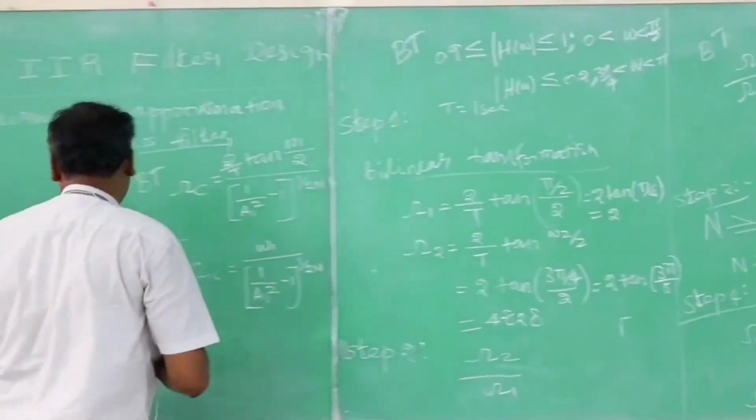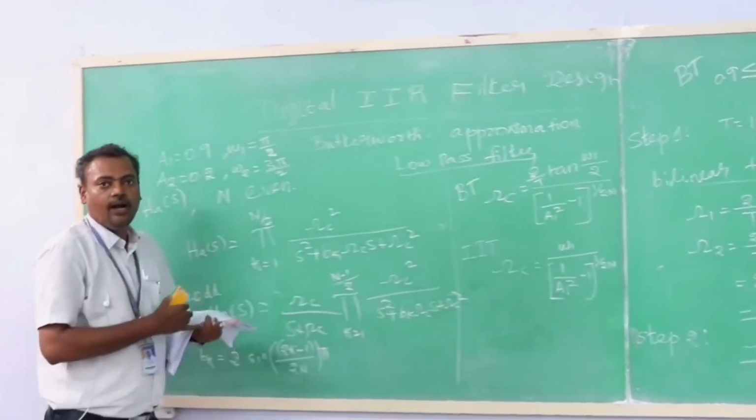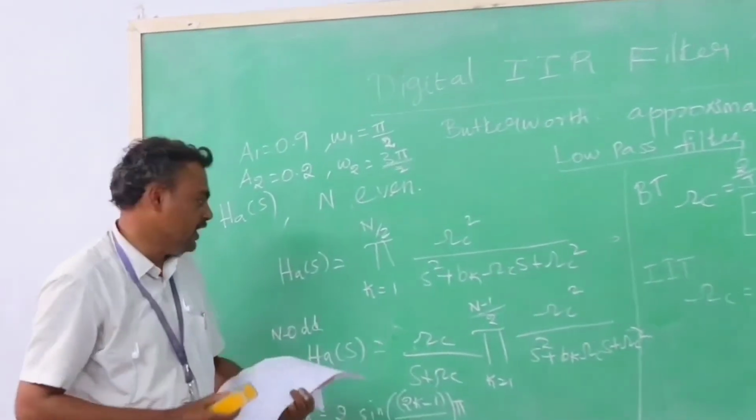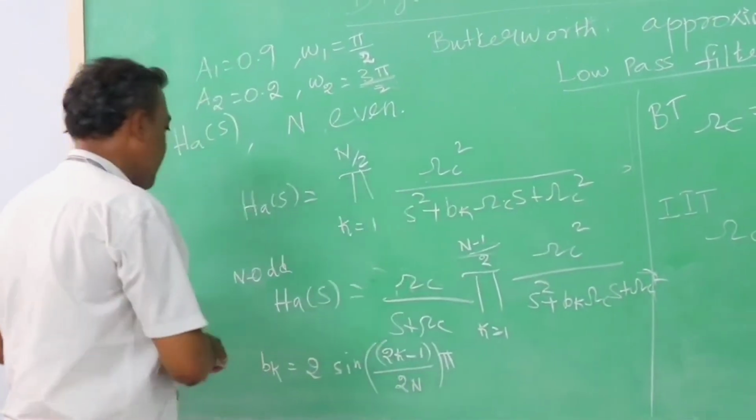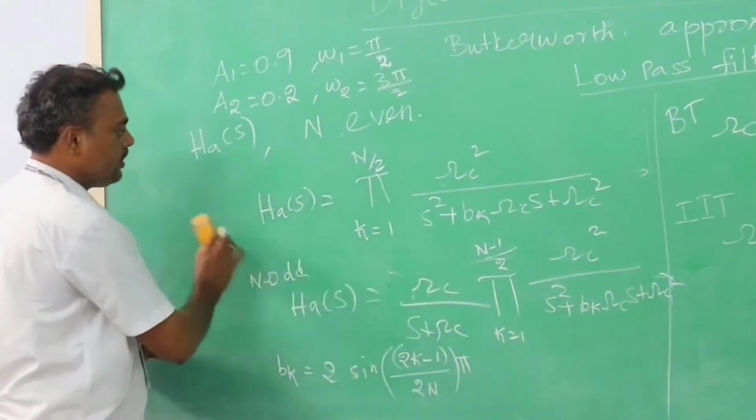The next step is to design the transfer function of the analog filter. Here n is 3, so n is odd, and you can take this equation.